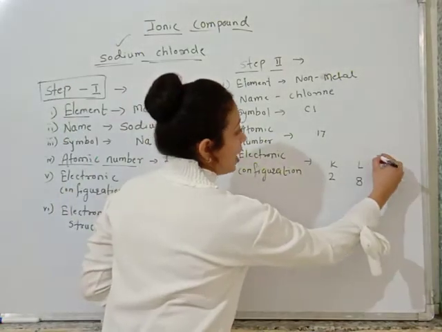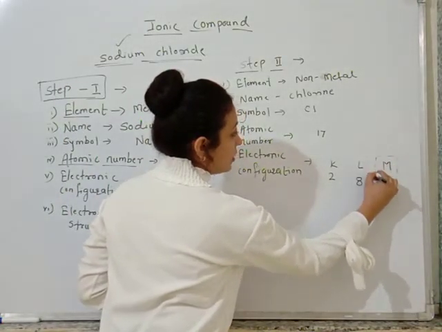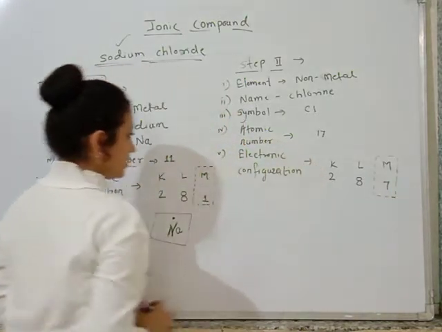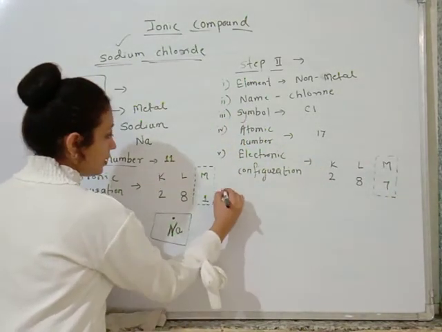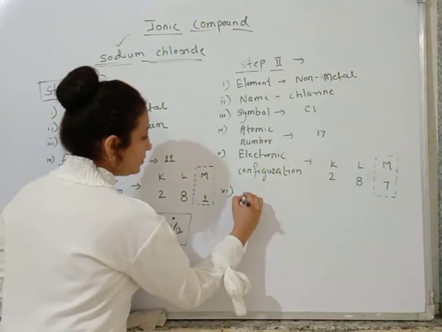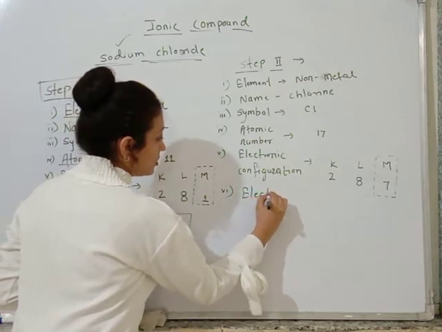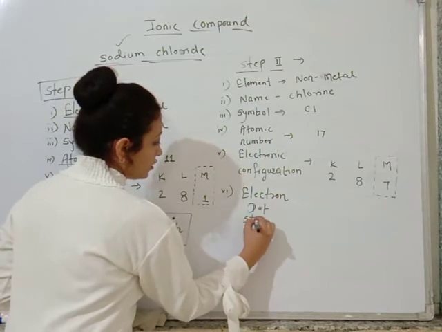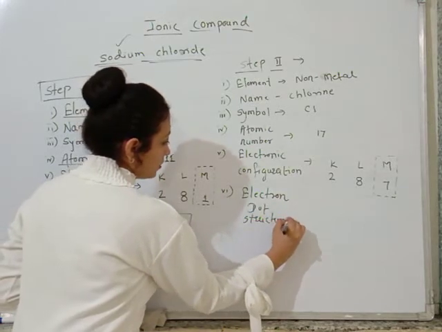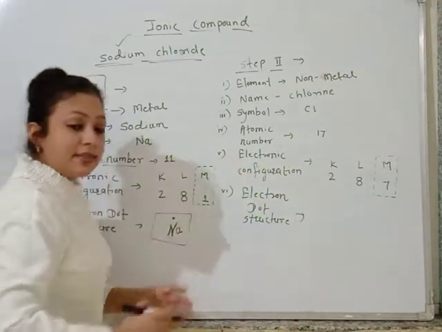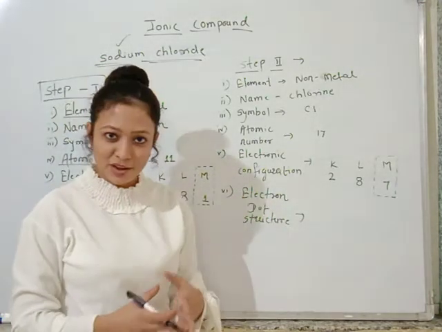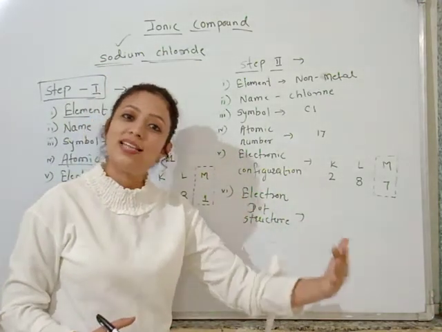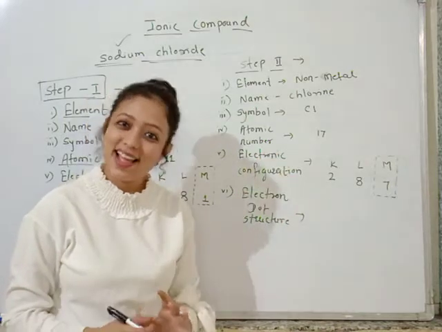Now we are going to highlight this electron because we want to represent it in the next step. So here is step 6, the electron dot structure. As I told you, in the electron dot structure, we write the valence electrons of that particular element.